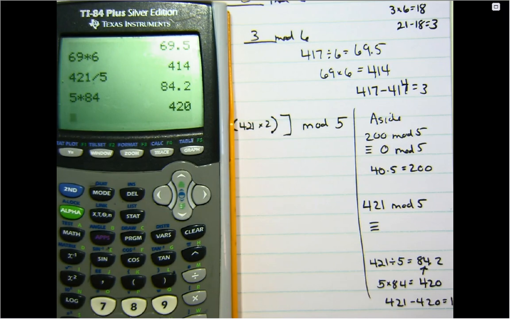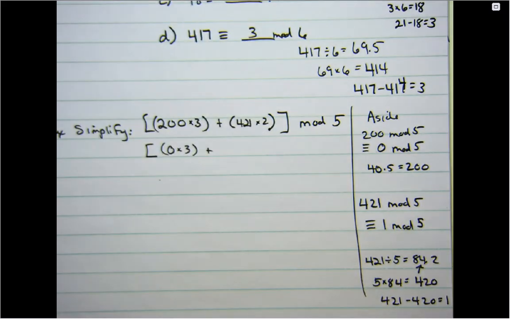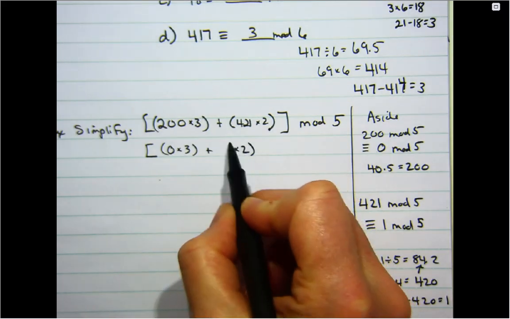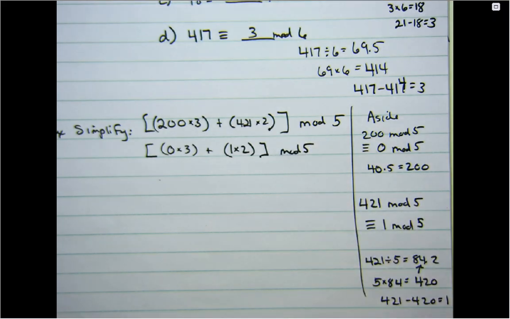So when you take the 420 away from the 421, there's 1. So we can change the big number, 421, to just be a 1, since we're working mod 5. Does anybody have any questions on switching out those big numbers?